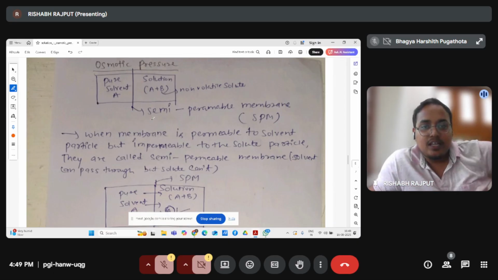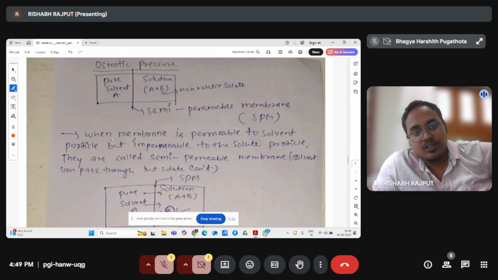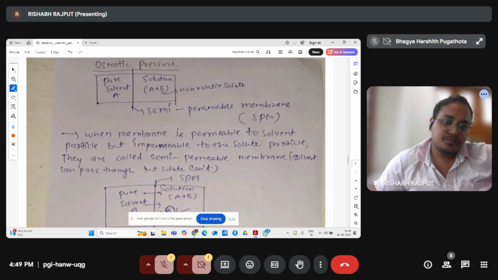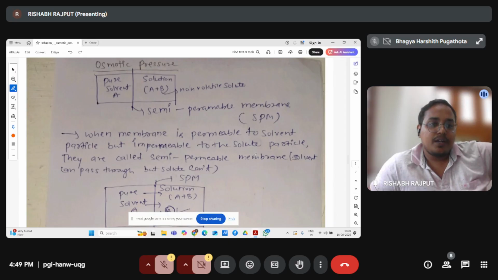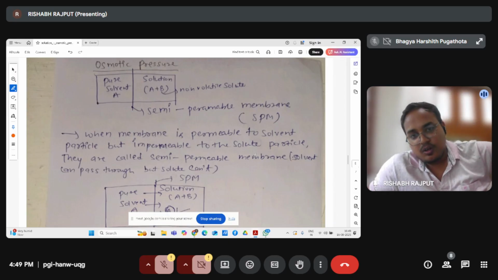I am also writing the definition: when a membrane is permeable to solvent particles but impermeable to solid particles, it is called a semi-permeable membrane. We call it SPM for short. So only solvent particles can pass this filter, not solid particles.